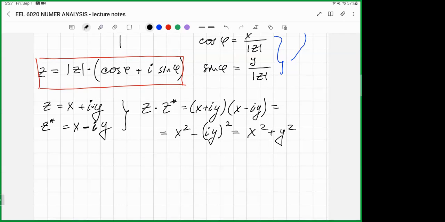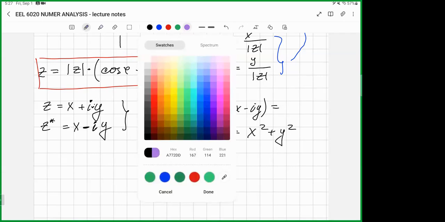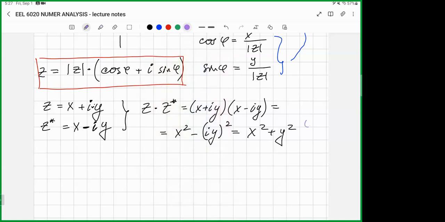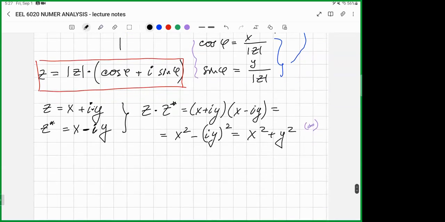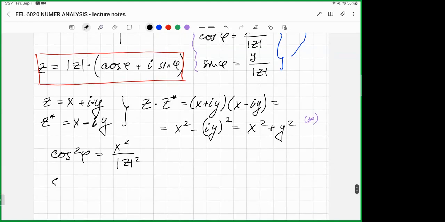Very good. So let's denote this by star, and let's return to these two formulas for sine and cosine, and recall that if we square each of them, we get cosine squared phi equals x squared over modulus z squared, and sine squared phi equals y squared over modulus z squared.